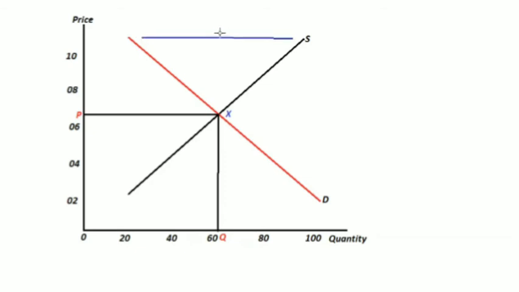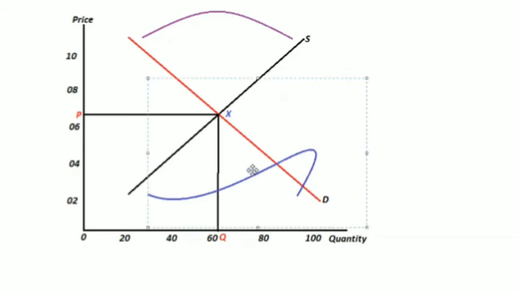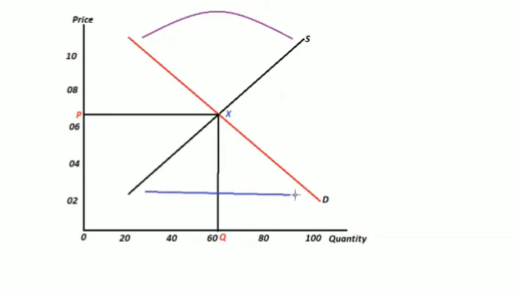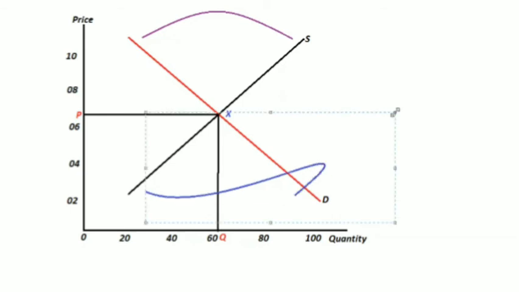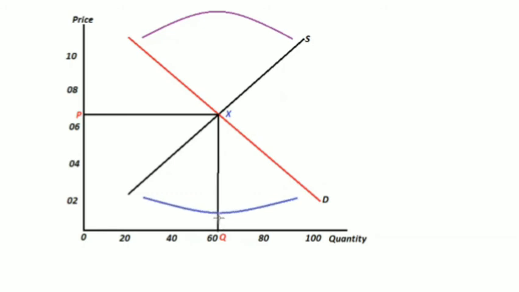So, for example, if you count this point, and if you count this point, so if you think of these points, from S to the D on the top, as you can see, this is likely to be your excess supply.